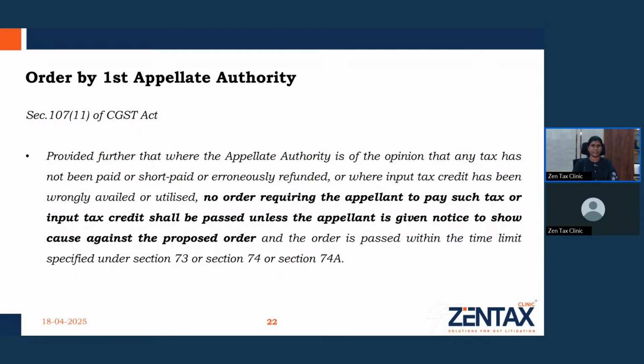That is, the appellate authority cannot require the appellant to pay an extra amount unless that issue is given in the show cause notice. Also, such order should be passed within the time limit specified in section 73 or 74.